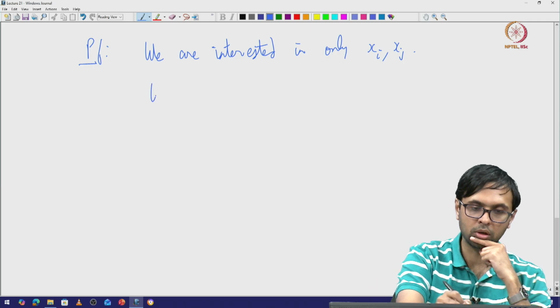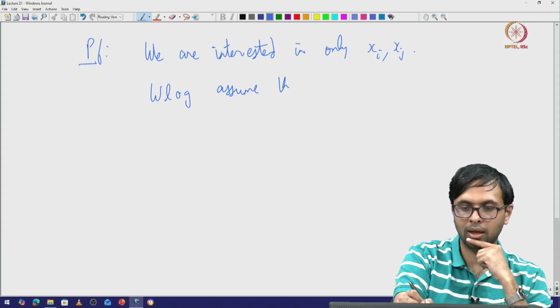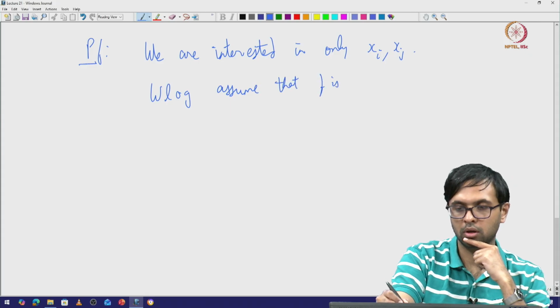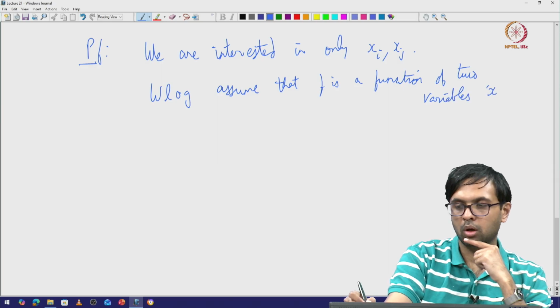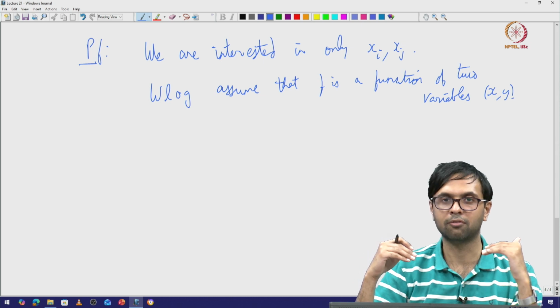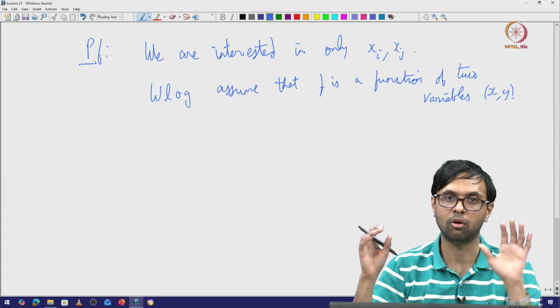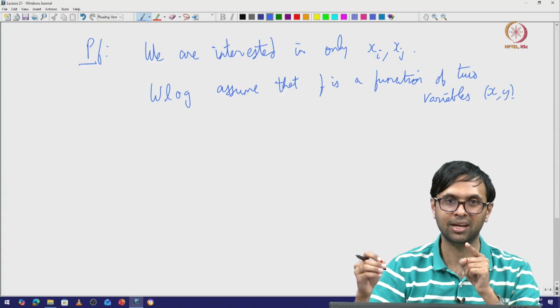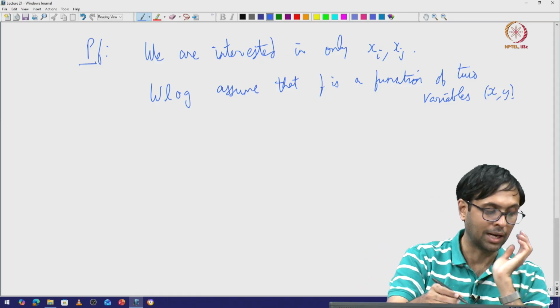So without loss of generality, assume that f is a function of two variables, x and y. In what sense are we not losing generality? We are fixing all the other variables, so define a new function if you prefer, g of x, y as f of all the variables fixed except for xi and xj, and I'm calling xi and xj as x and y. Okay. And we'll handle this.